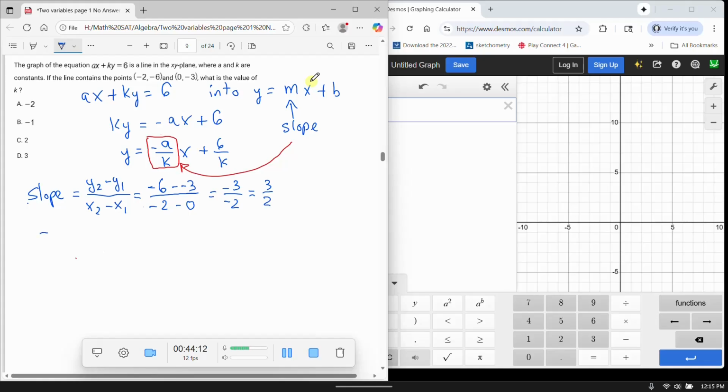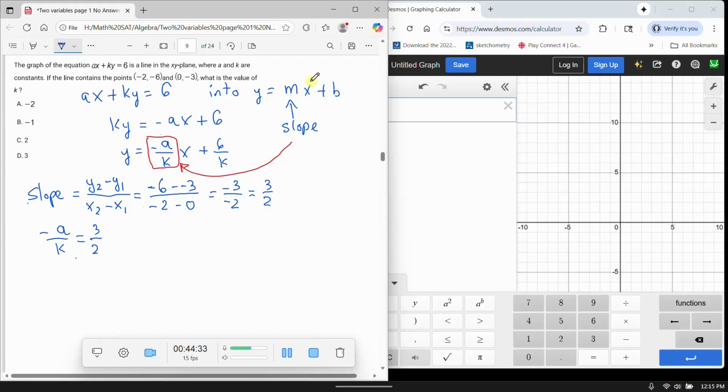So same thing as now we have negative a over k equal to 3 over 2. So there's two choices for k, or two choices for a, because of the negative sign.